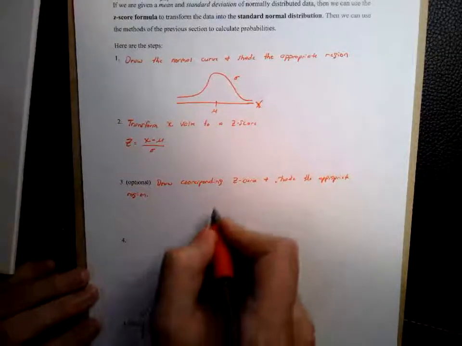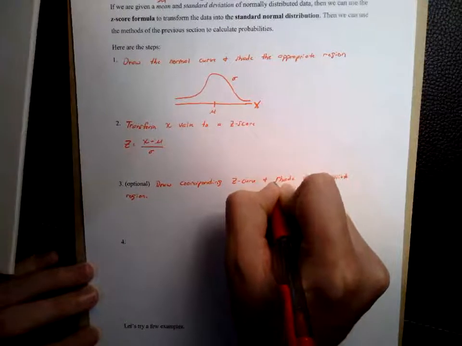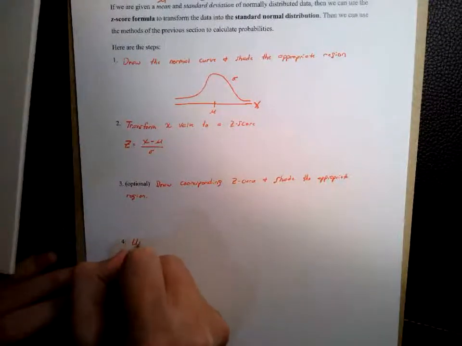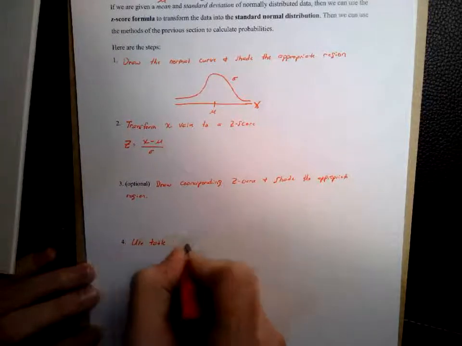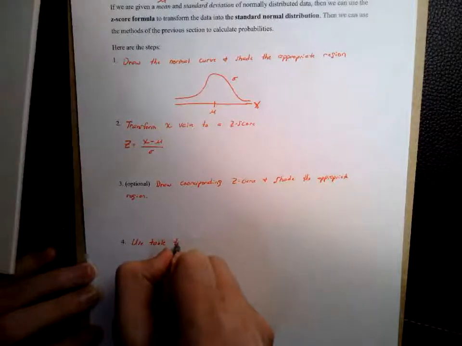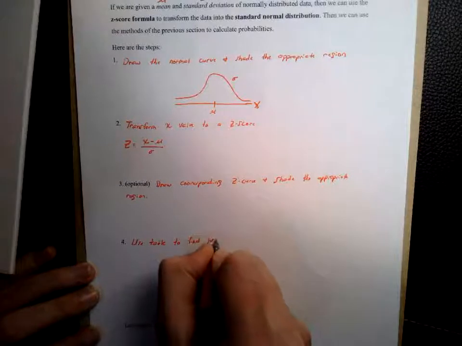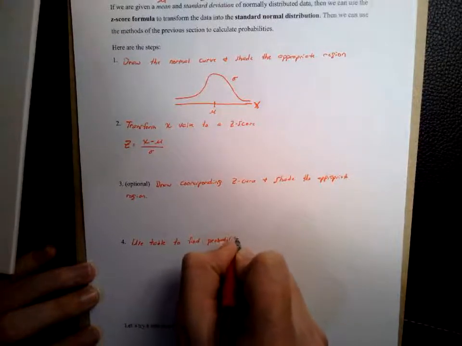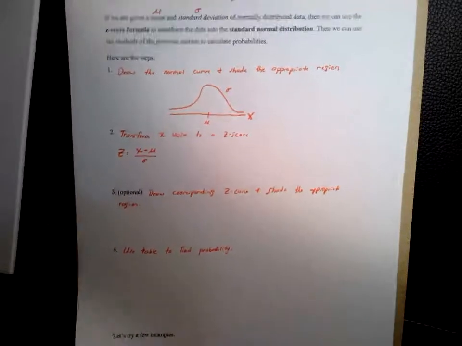And the fourth step, once we have the z-score we're interested in, and we actually know the region we're looking at, we can then use the table as before to find the associated probabilities.